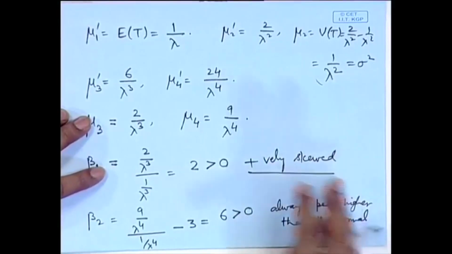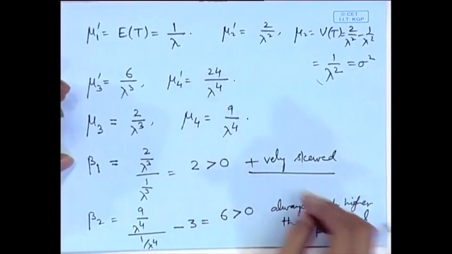Now, here you observe this is slightly different from the earlier distributions. In the binomial distribution, in the Poisson distribution, in the geometric distribution, etcetera, the conditions for the skewness and the kurtosis were dependent upon the parameter. Like in the binomial distribution, if p was half, the distribution was symmetric. If p is less than half, it was positively skewed. If p was greater than half, it was negatively skewed. And similarly, if pq was less than 1 by 6, it was leptokurtic; if pq was greater than 1 by 6, it was platykurtic, etcetera.